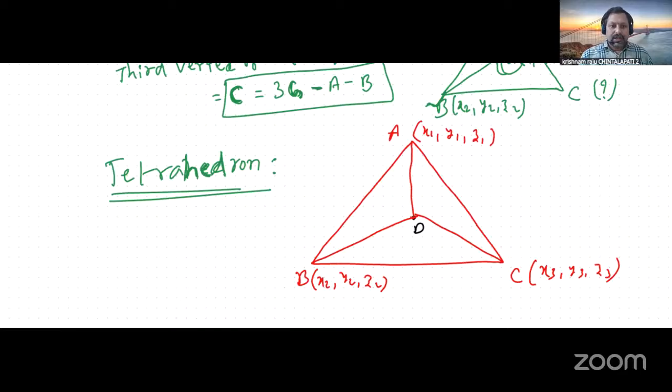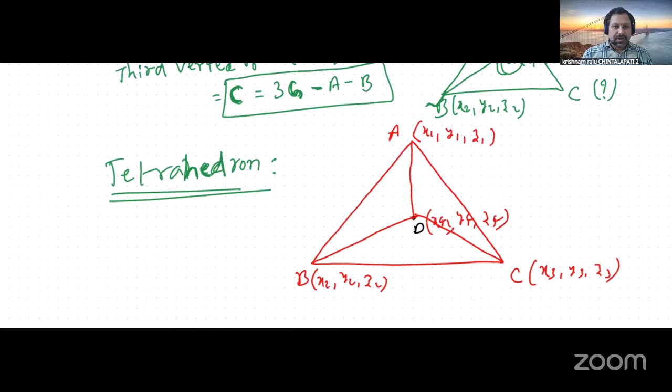Now D, let us take D is x4, y4, z4. These are the notations of the vertices of tetrahedron. Now you should find out centroid.